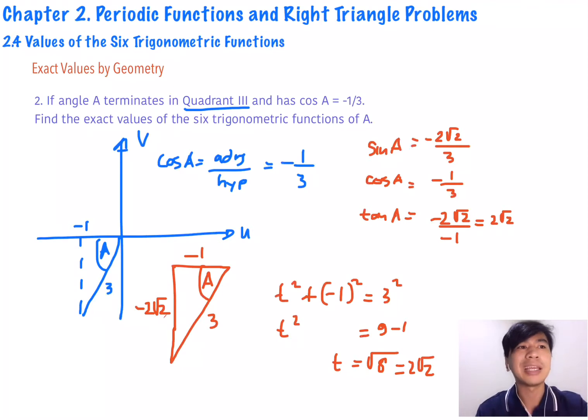Yeah, and the other three is quite easy. For the reciprocal of sine, you'll get cosecant A. It means that you have 3 over square root of 8. I'm sorry, I forgot to put the negative. So we'll have -3 over square root of 8.